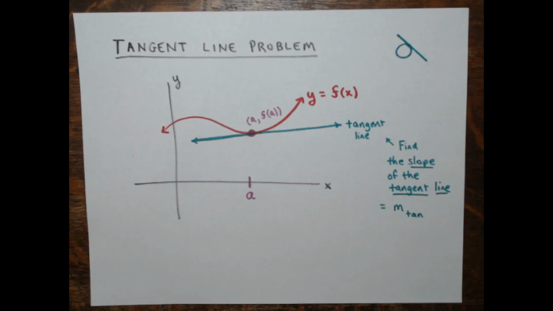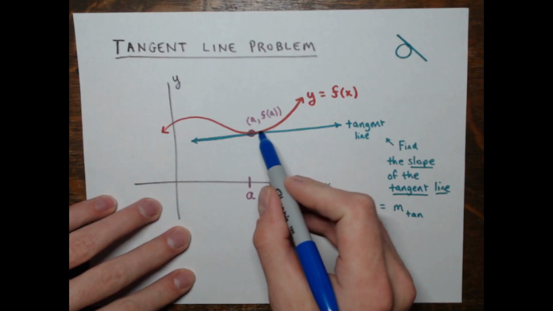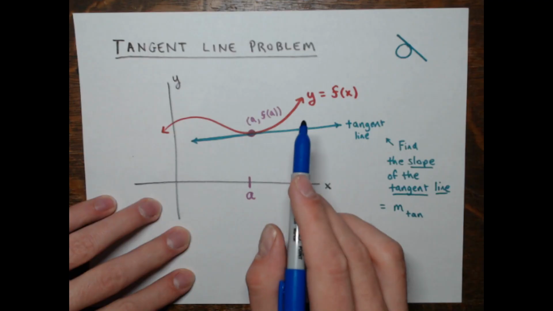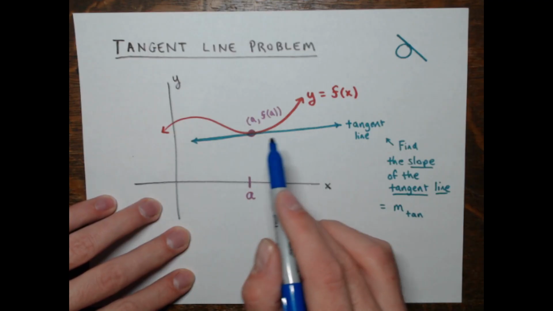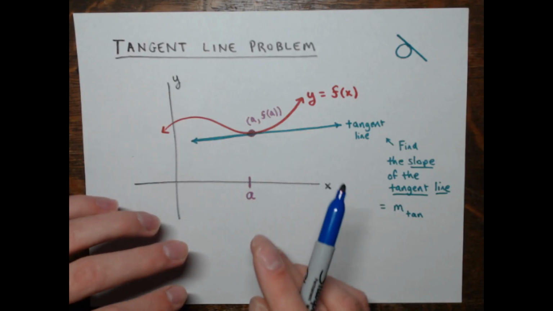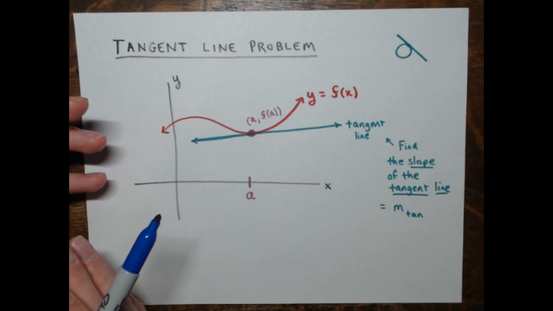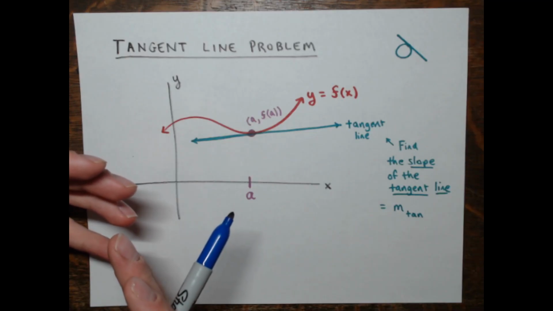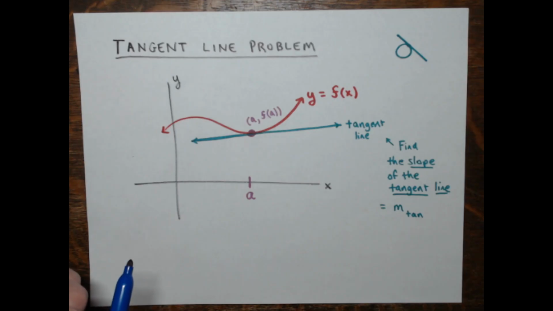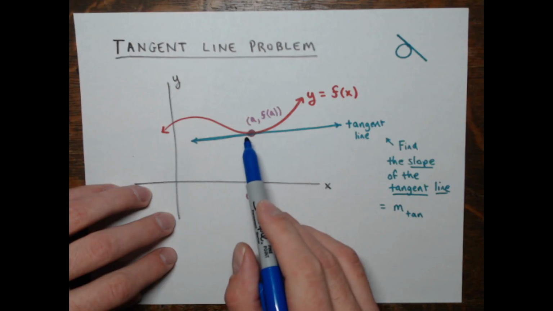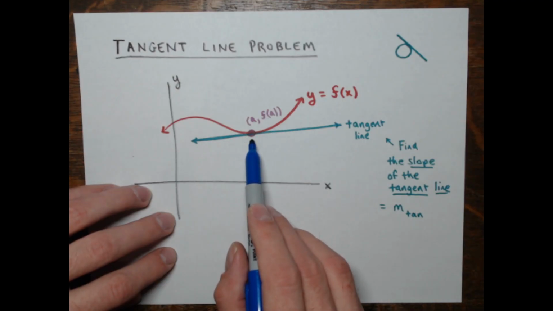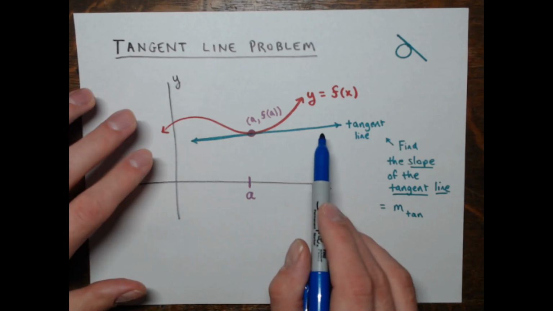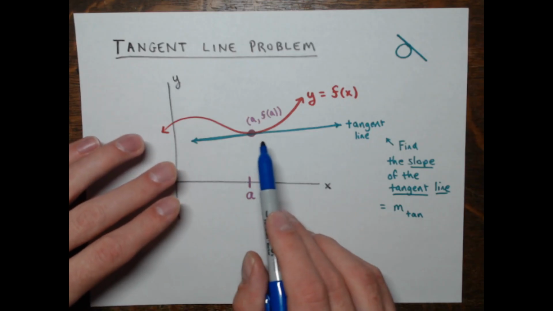So what we do, how this is calculated, this slope of the tangent line, is we use other lines that are close to this line to estimate the slope of the tangent line. Kind of like how in the area problem, we took areas of rectangles, things we know how to find the area of, to estimate the area under the curve. So we're going to take other lines that go through this point that are close to this tangent line to help us estimate the slope of the tangent line.